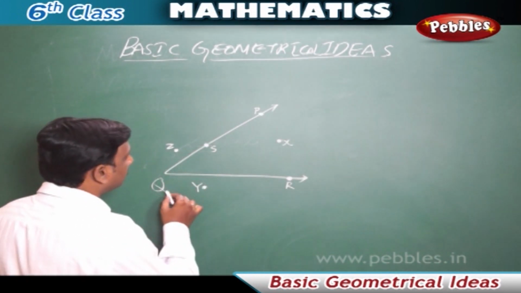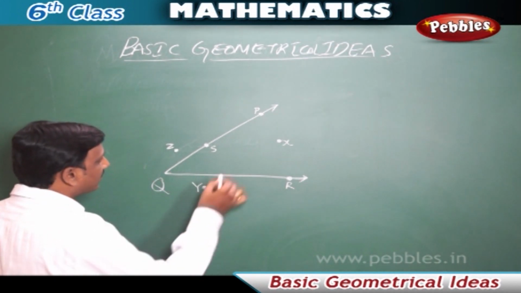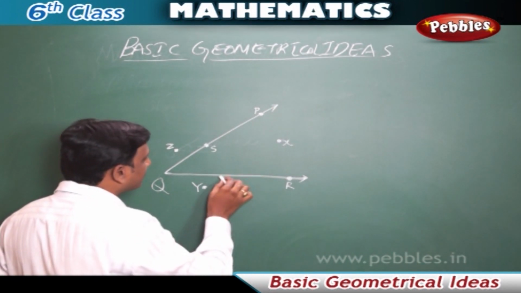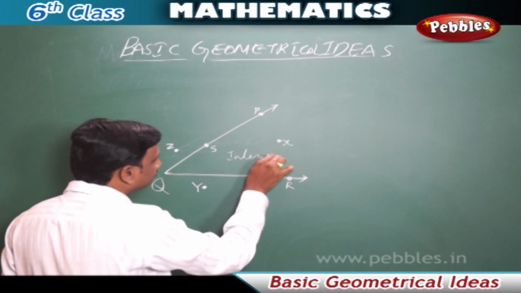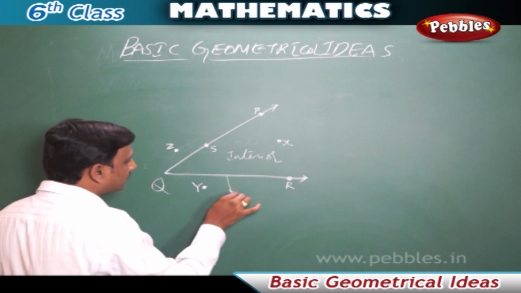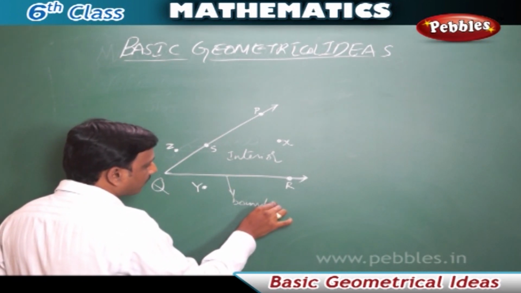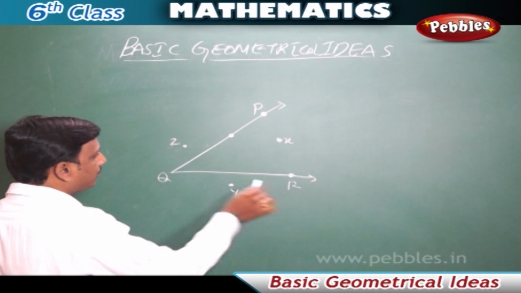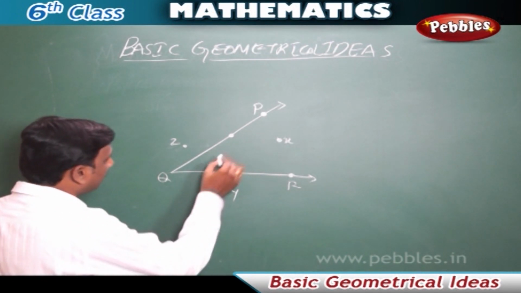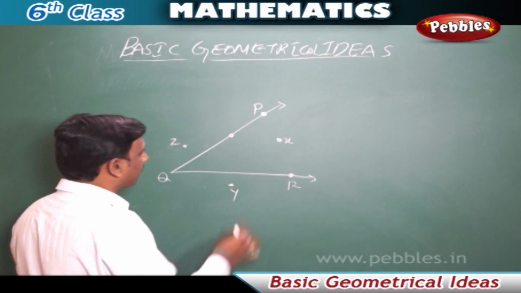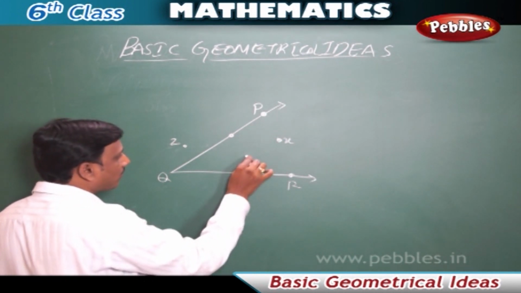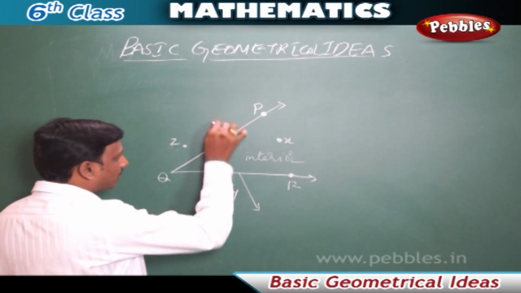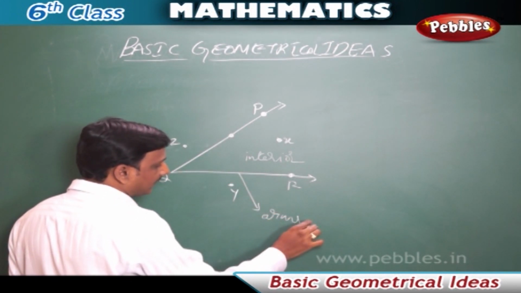Now let us see an angle PQR. So here there are certain points marked. The area that lies between these two rays is called interior of the angle. Interior, and these two are called arms of the angle.